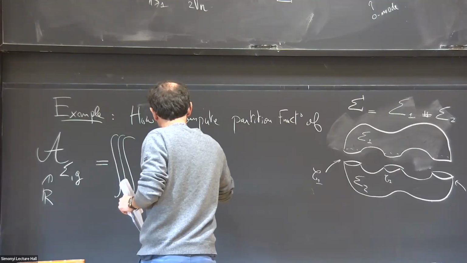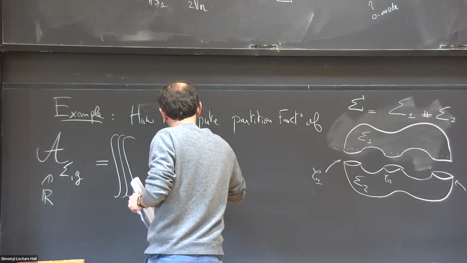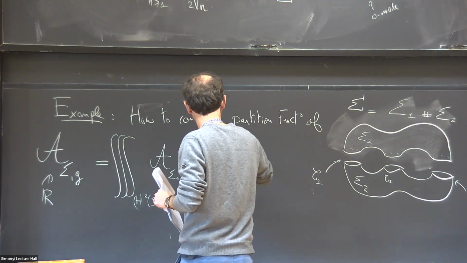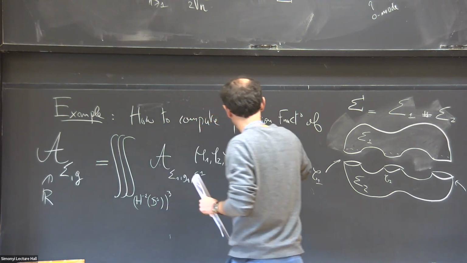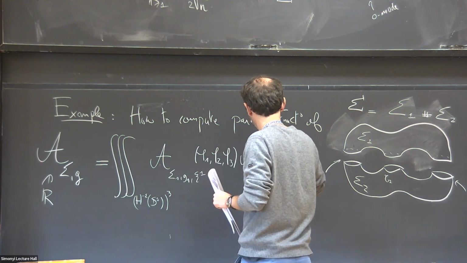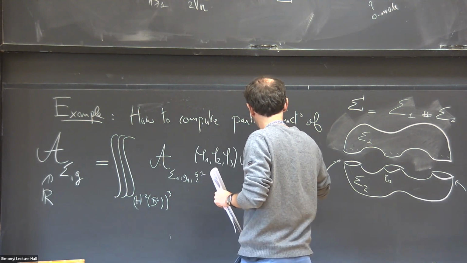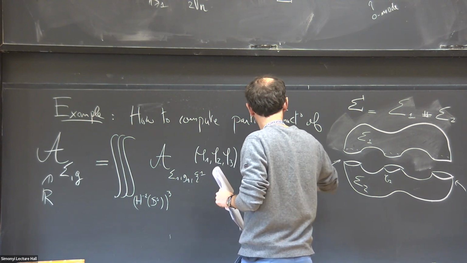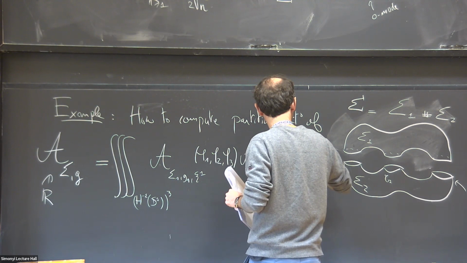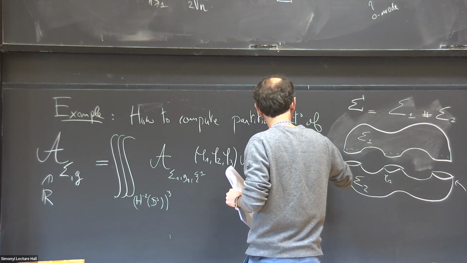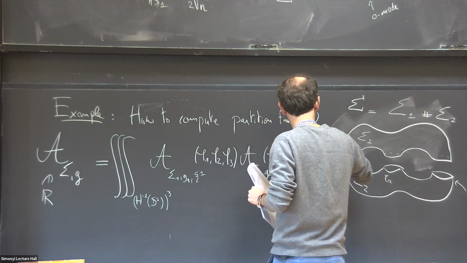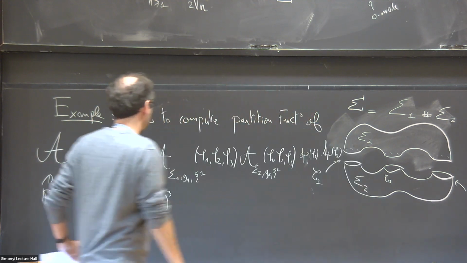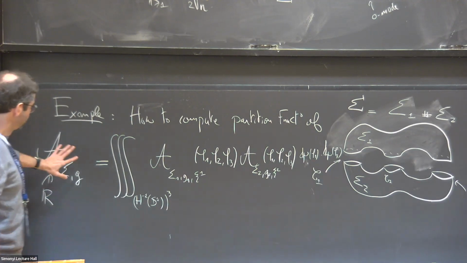So you get A of sigma 1, G1, C1 of Phi1, Phi2, Phi3, times A of sigma 2, G2, C2 of Phi1, Phi2, Phi3. Then we get d mu 1, d mu 2, d mu 3. And this needs some proof.